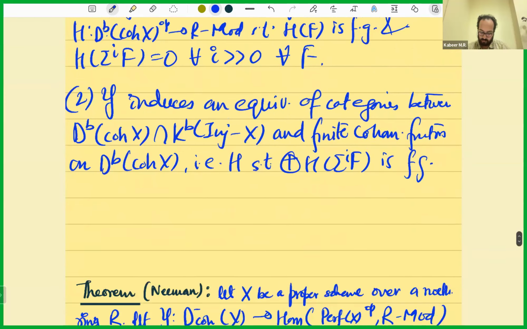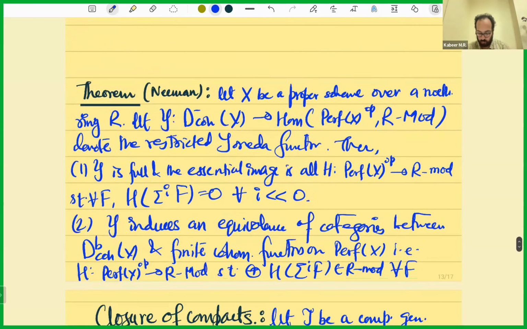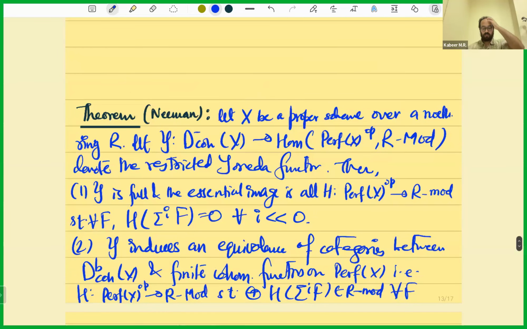Okay. So there is an analogous result which is proven earlier by Neeman for cohomological functors on the category of perfect complexes. What it says is that if you look at the restricted Yoneda functor restricted to the bounded above complexes of coherent sheaves, then again this functor is full and the essential image is such cohomological functors.